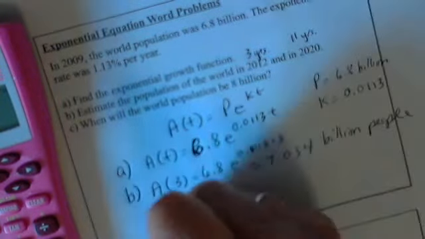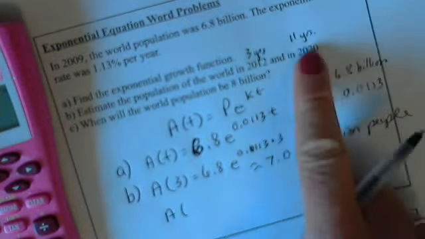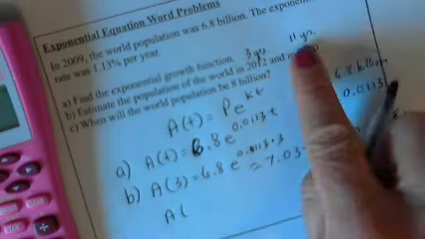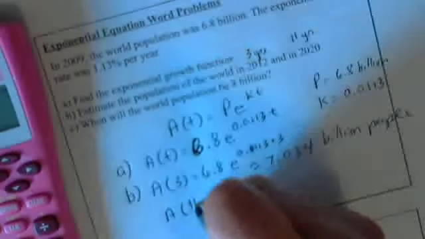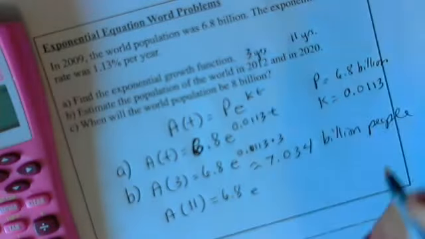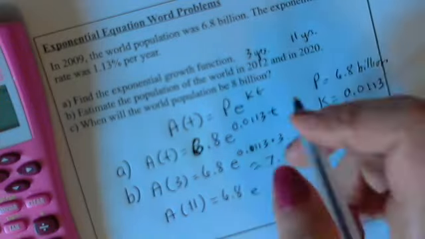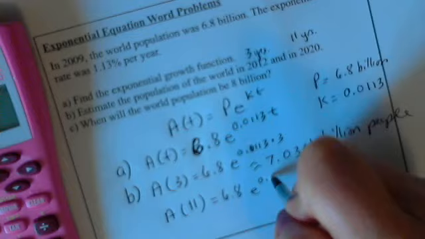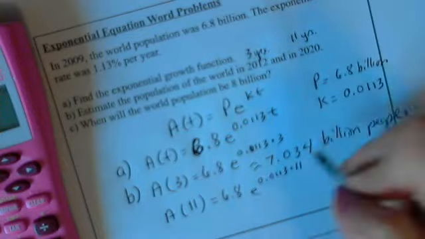Alright, now let's do the second part of B. We need to find the population in 2020. And so that's 11 years after 2009, so I'm going to be doing A of 11. Same deal as we did last time, putting the 11 where t is. So e to the 0.0113 times 11 this time.